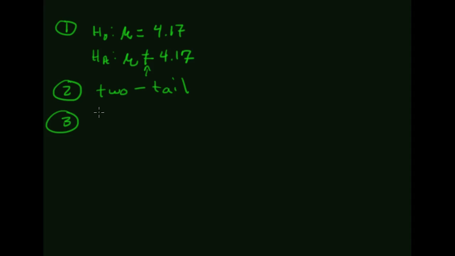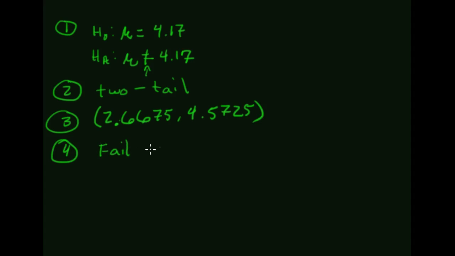All right, so the calculator gave me the interval 2.6675 out to 4.5725. On that interval, 4.17 happens to be on it, so we fail to reject the null hypothesis.